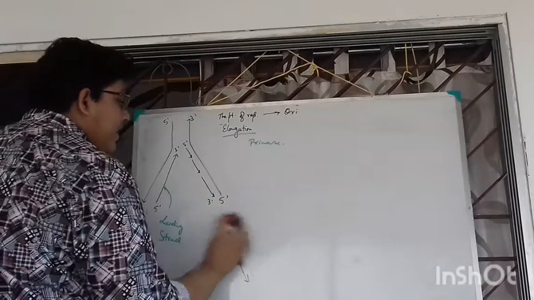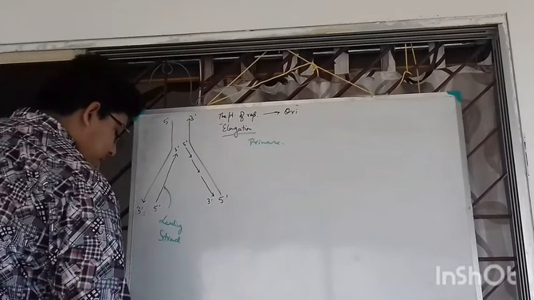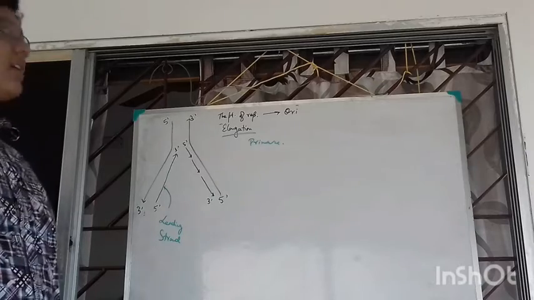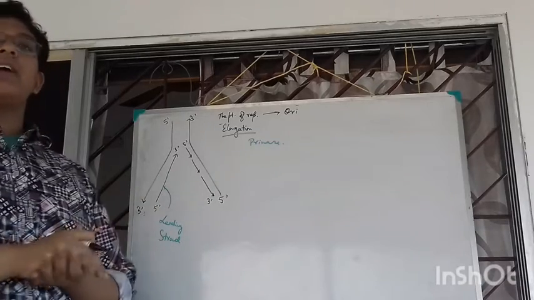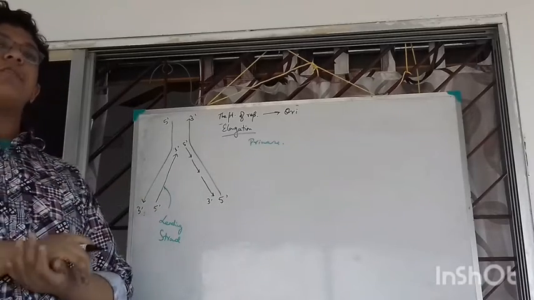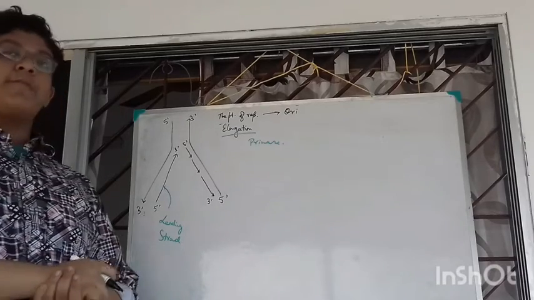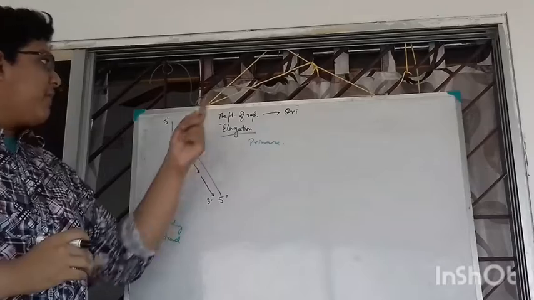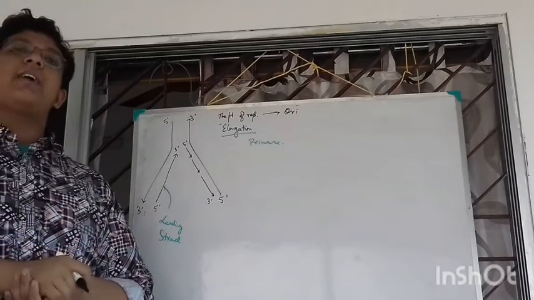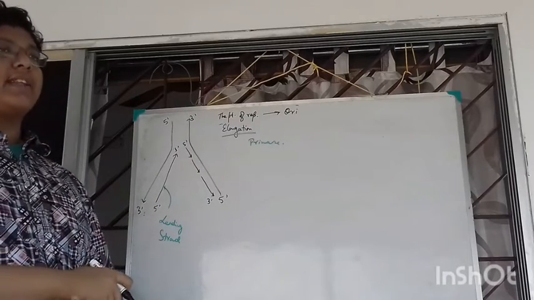Okay. These are the steps in elongation. On one strand, totally synthesized DNA is formed continuously, numbered 5' to 3'. But on the other strand, uneven or fragmented DNA is synthesized.